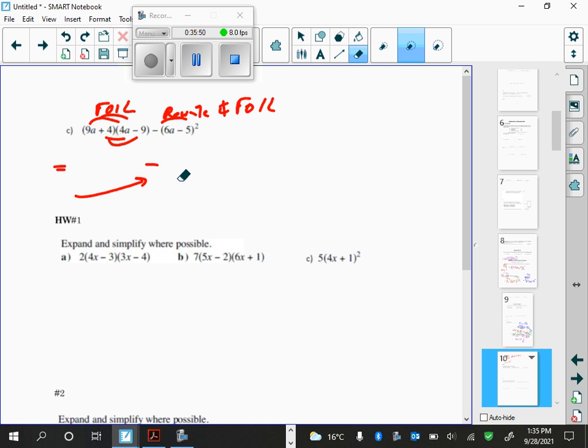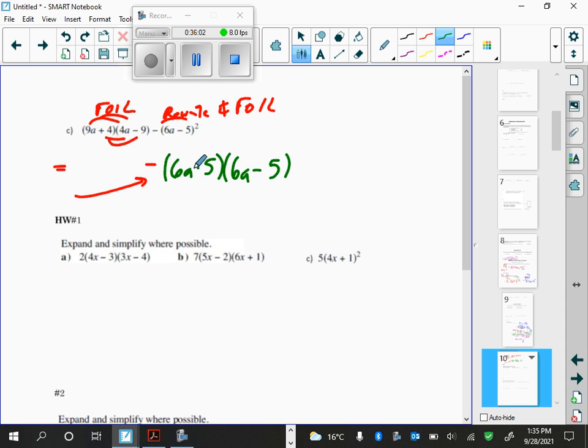So when you rewrite and FOIL this as 6a, let's go green, 6a subtract 5 times 6a subtract 5, and get this with middle terms, you're still going to put subtract bracket, those four terms, and then that trinomial.